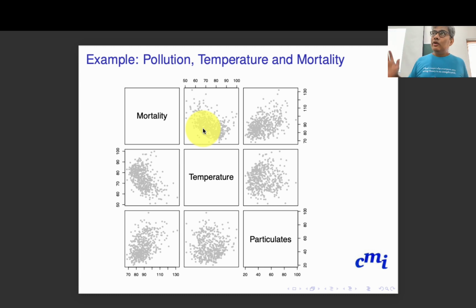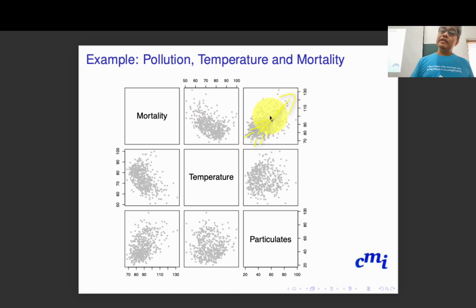So at a lower temperature during the winter season, mortality goes up. This is true across the world actually, so this assures us the data is somewhat reliable, and the data is telling you what you are expecting.